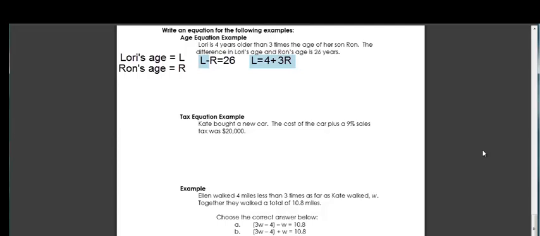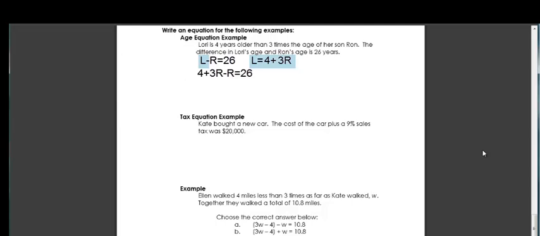And anywhere there's an L, we're going to put the 4 plus 3R. And so that'll give us 4 plus 3R minus R equals 26. So right there we have one equation with one unknown. That is something we can work with. We can easily solve that in order to find out what's Ron's age. And then once we know Ron's age, we know what Lori's age is.